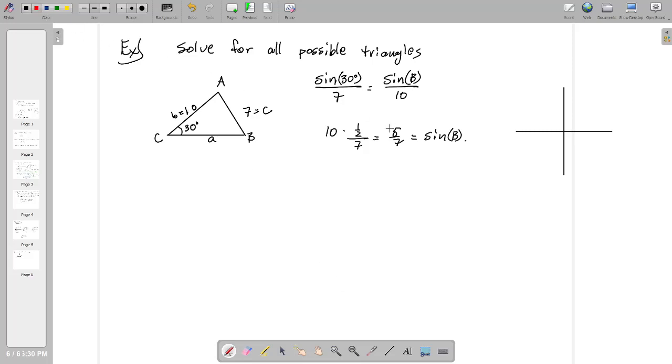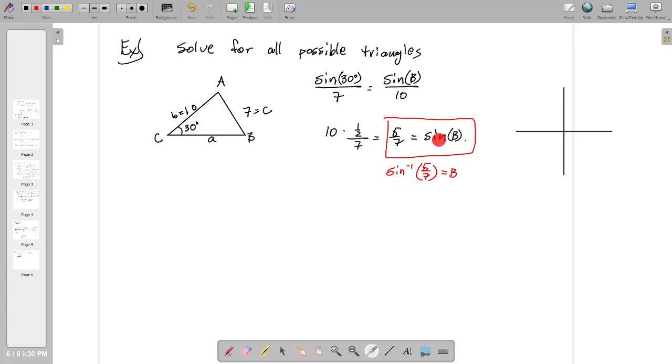Notice that we have the equation sine of B is equal to 5/7, and not the equation sine inverse of 5/7 is equal to B. These two are different things. Remember, sine inverse has a restricted range. It can only give us certain angles.